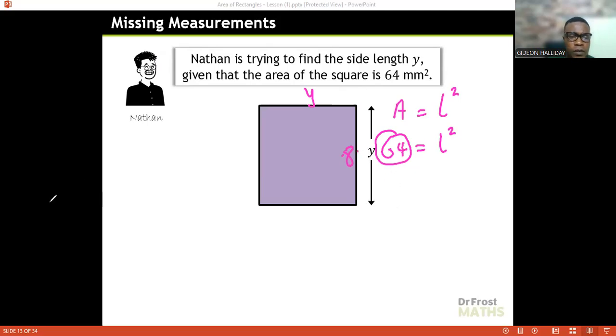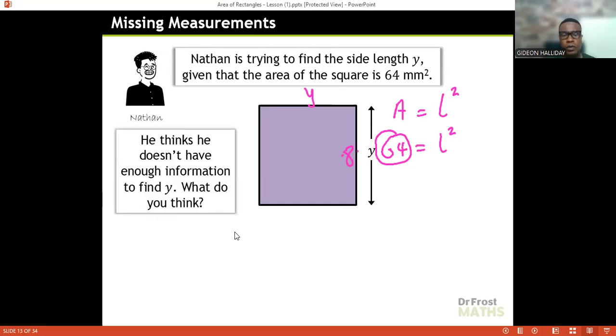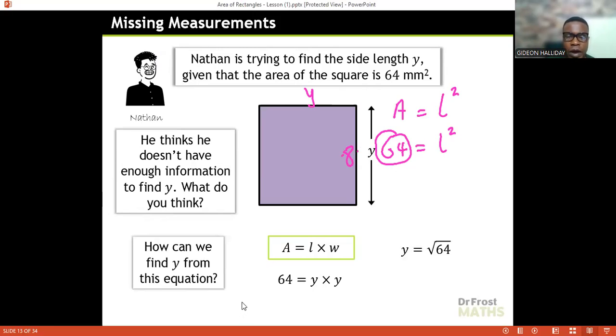He thinks he doesn't have enough information to find y, but here is what we do: the area is 64, y times y, so what can you multiply by itself to give us 64? That is the square root of 64, and that's 8 millimeters. Please always remember the unit.